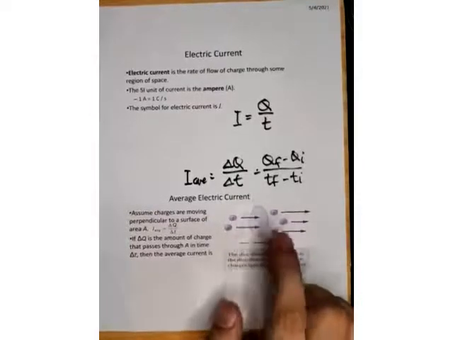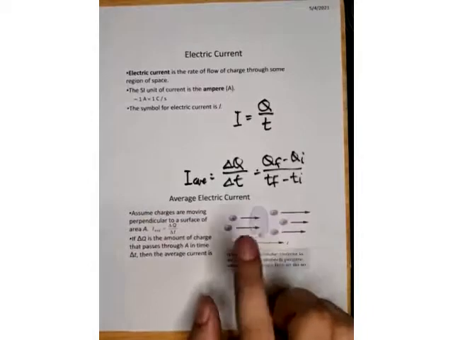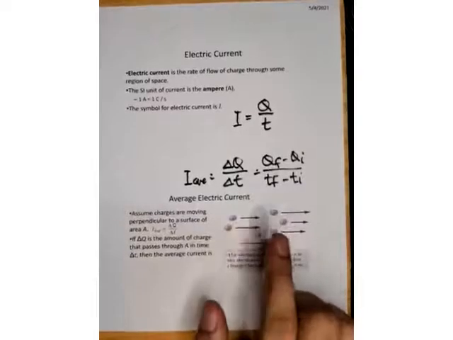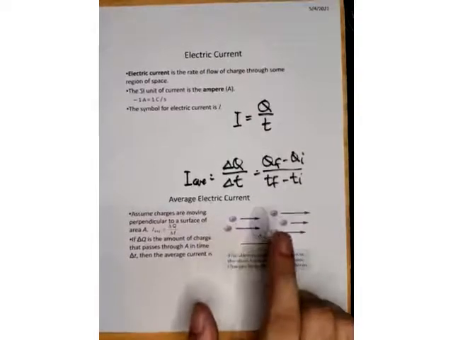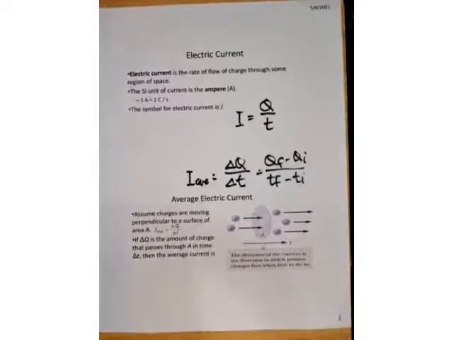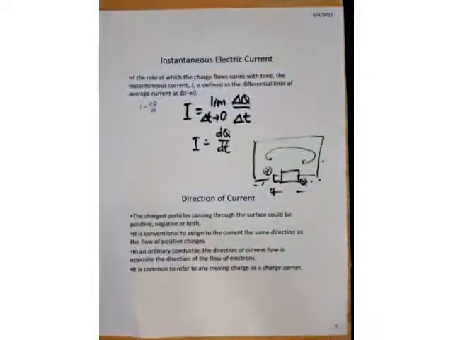So at a certain time, ilan yung charge na dumaan dito sa cross-section na to given na particular time. So yun yung ating average current. Okay, so that's delta Q over delta T or that's equal to Q final minus Q initial over T final minus T initial.